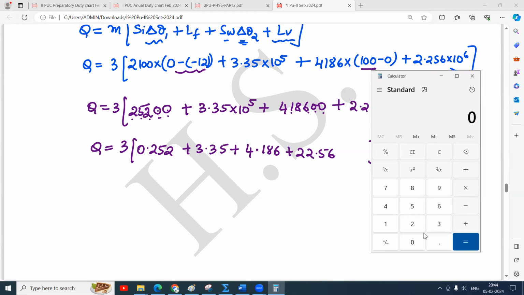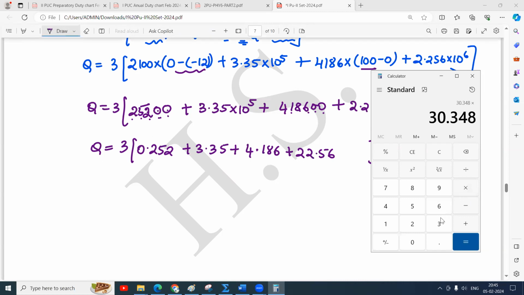0.252 plus 3.35 plus 4.186 plus 22.56. That is equal to 30 point, and into 3, yes, into 3.